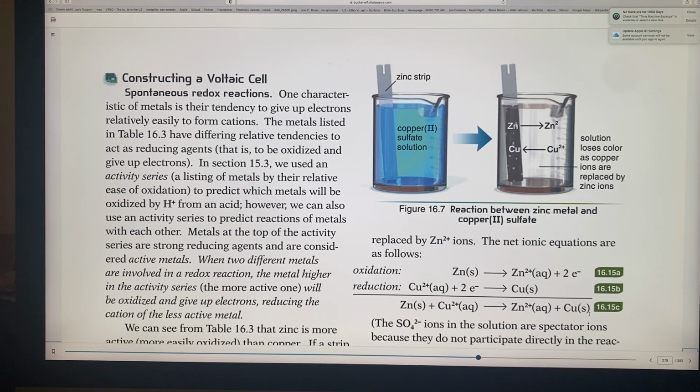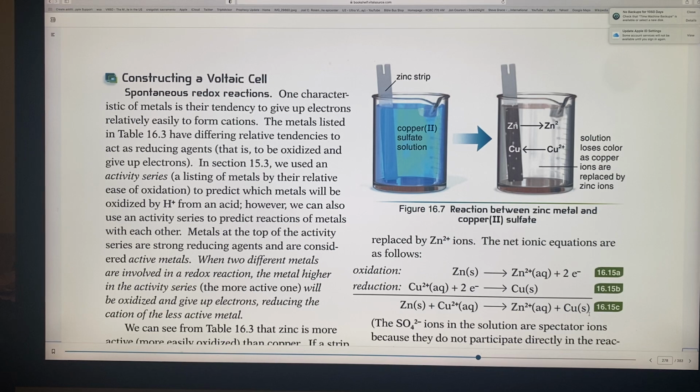The construction of voltaic cells uses spontaneous redox reactions, where metals give up electrons very easily to form cations. The metals at the top of the activity series, which we found before, are very strong reducing agents.